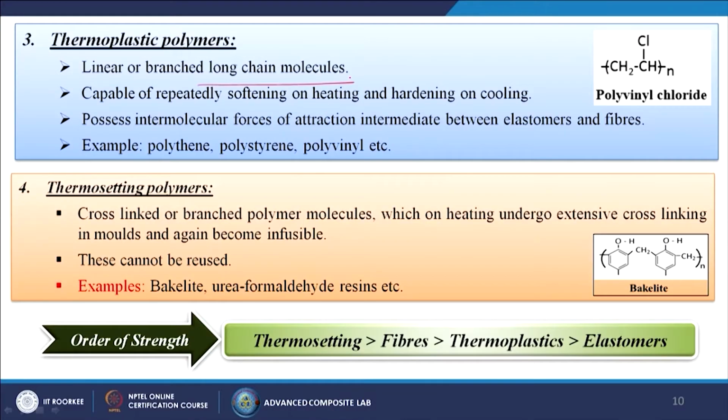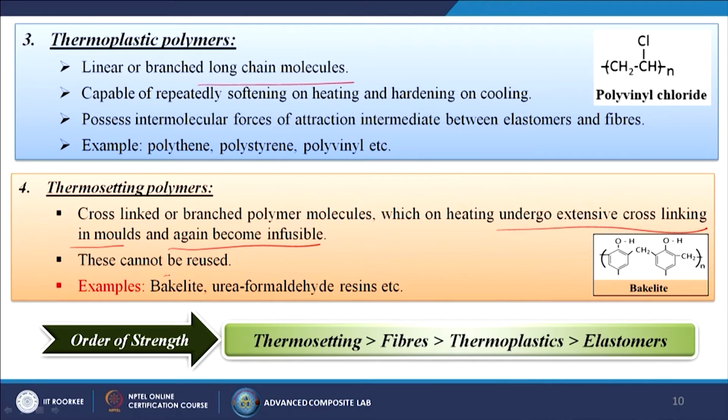So, it is not the permanent one, but when we are talking about the thermosetting polymers, if we give a particular shape, after that we cannot change it. They are cross linked or branched polymer molecules which on heating undergo extensive cross linking in molds and again become infusible.